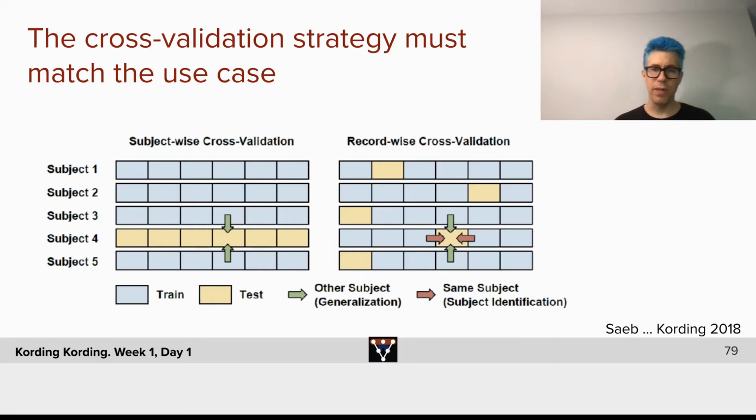Now, there are some people who use what's called record-wise cross-validation. It turns out that it's very expensive to get data from lots of people. So what they do is they take maybe 20 subjects, get 10 recordings from each of them, and then they take all the recordings but one to predict what is in the other parts of the data.